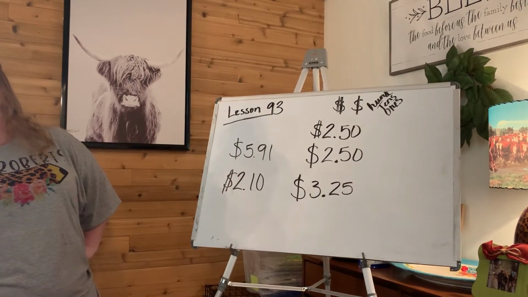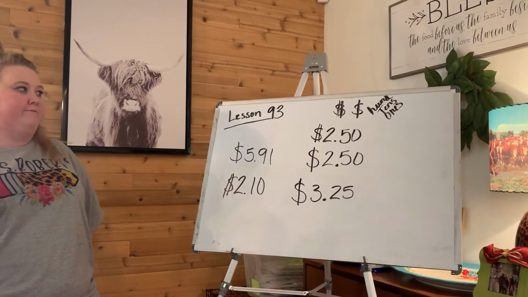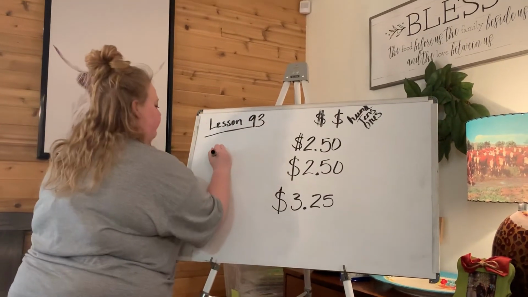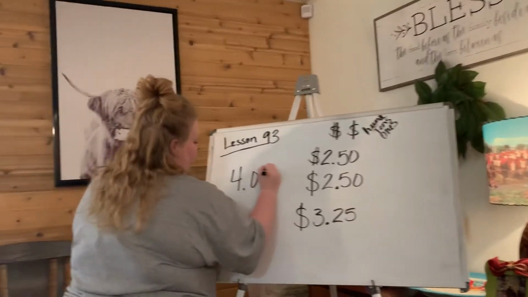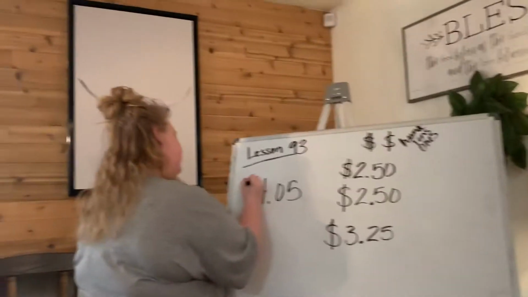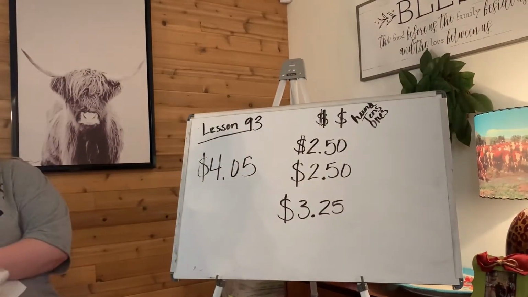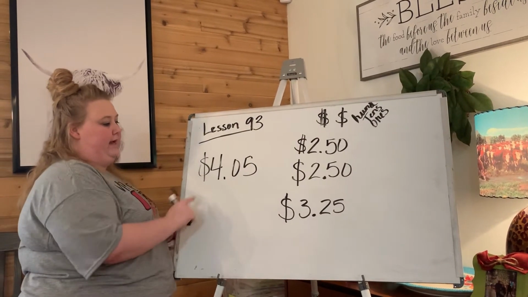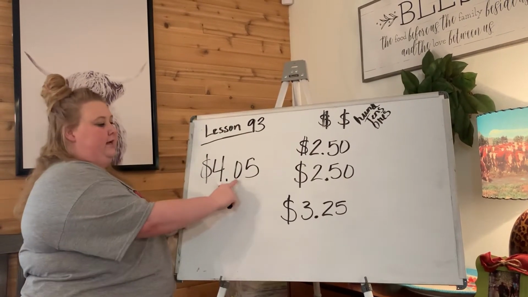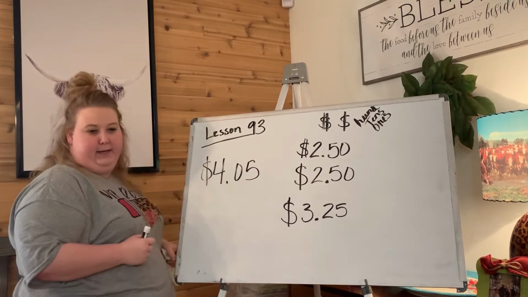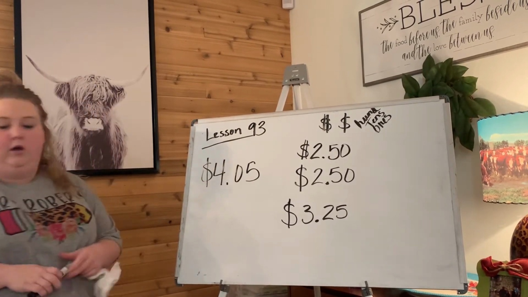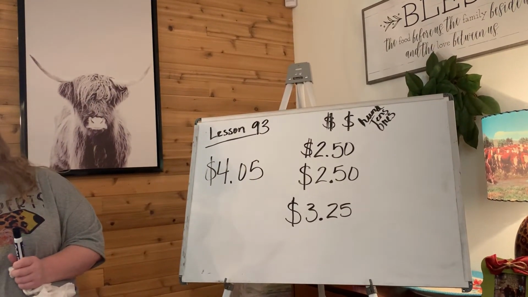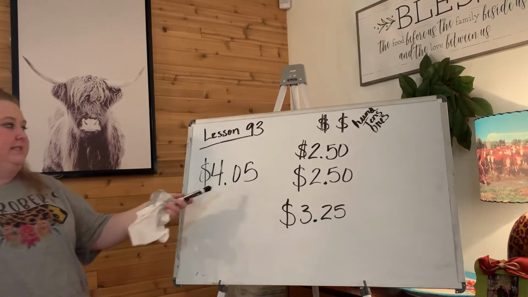So let's do $4.05, okay? The 0 in this means I do not have any dimes. Okay? I have $4, no dimes, and I have 5 pennies. So we have to put a 0 there.